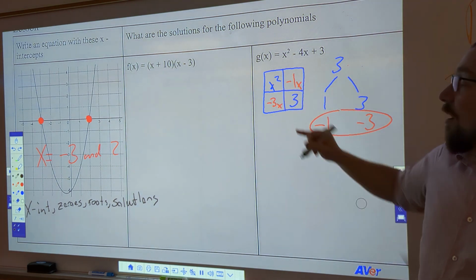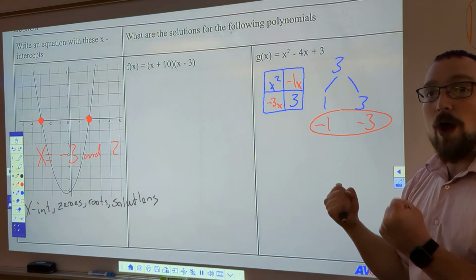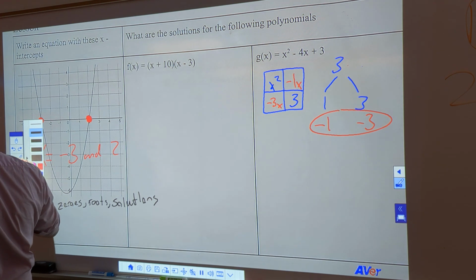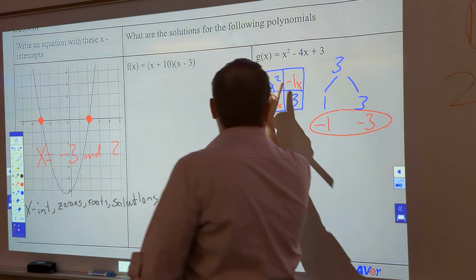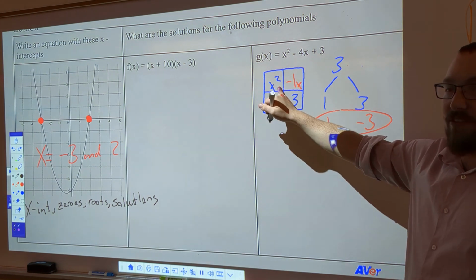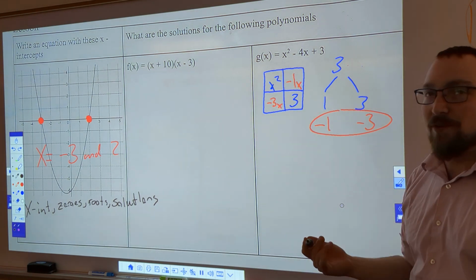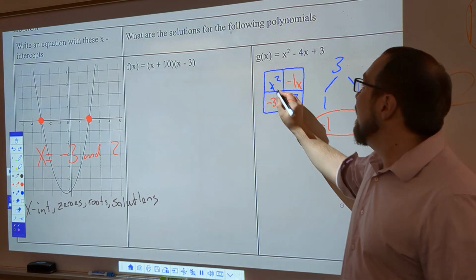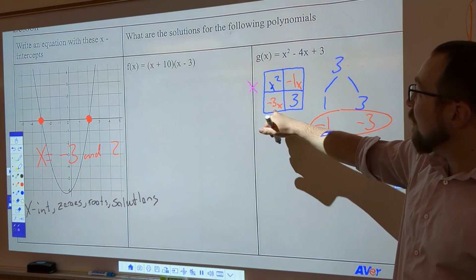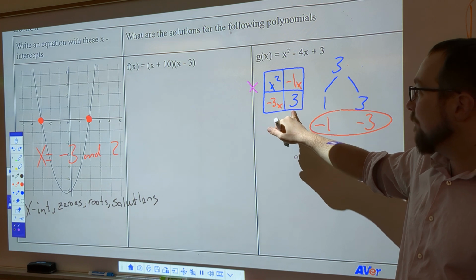All right, so from here, I need to pull out what I can. Let me change color real quick. Let's go with fuchsia. In this top row, the only thing they have in common is x. I mean, technically 1x, but do I really need to pull out a 1? Nah. So I'm going to pull out x. Down here, we see that there's a 3 in common.